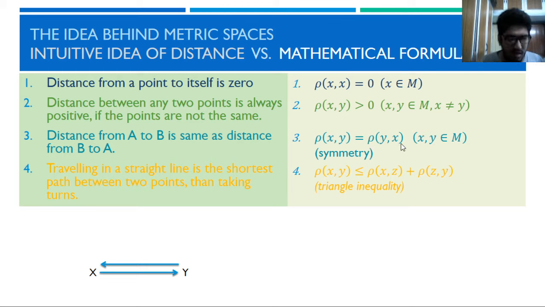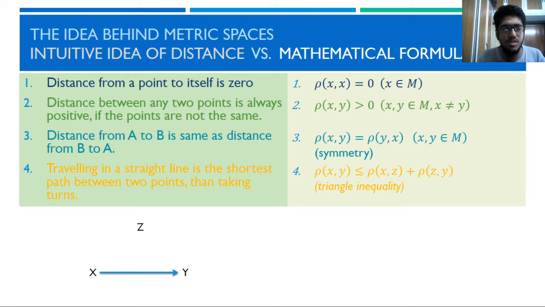Now, about understanding the definition, there is something that we have to see. Here, we'll take a hint from the fourth condition, which says triangle inequality. It is called triangle inequality. So it has something to do with a triangle, it seems. And let's try to see what it means.